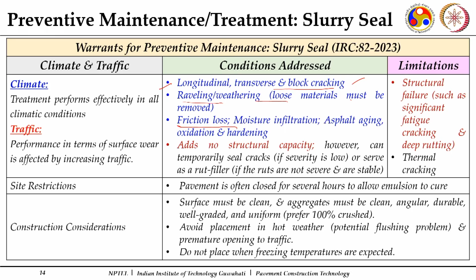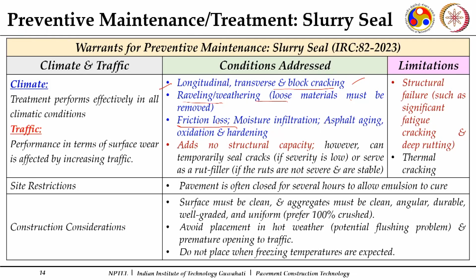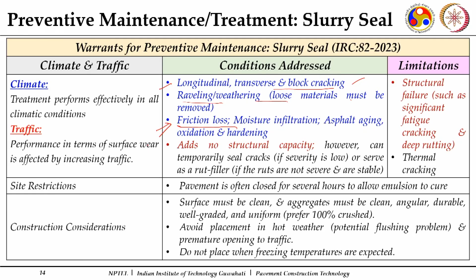In the case of fog seal we were not allowed, where the surface already had concerns related to skid resistance, but here, if some friction loss is there, this could add to or improve the skid resistance also. It will help reduce moisture infiltration. It will help in the case of oxidized or hardened binder also. But definitely it is a very thin application, with no addition to the structural capacity.